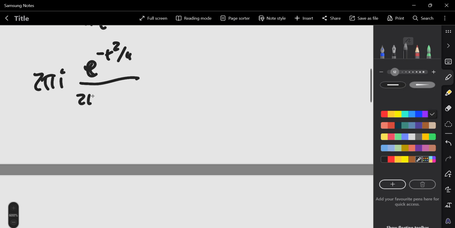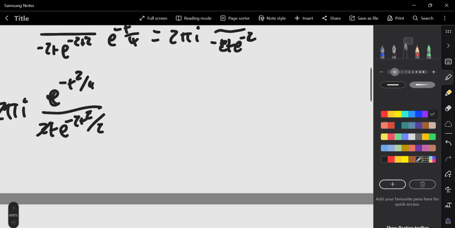2 pi i e. No, there's no pi's in this bit. 2t e to the minus 2t squared over 2. Cancel, cancel.